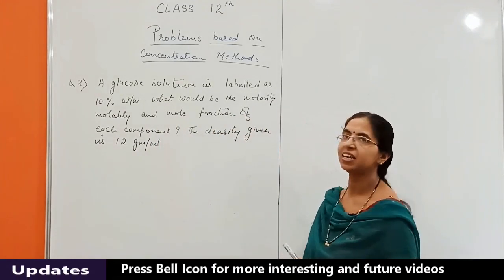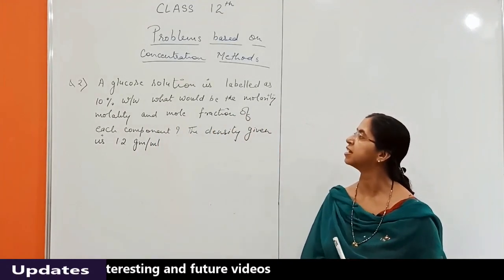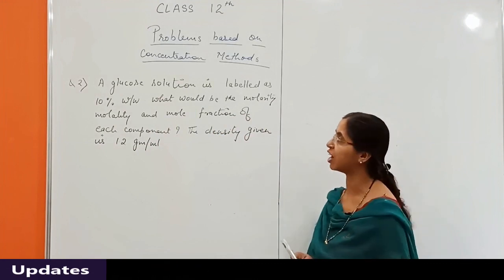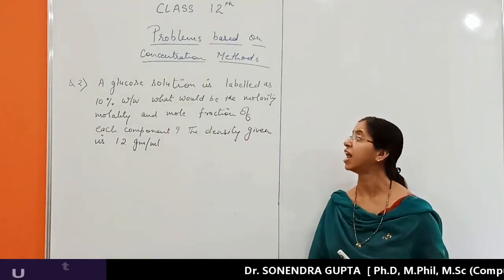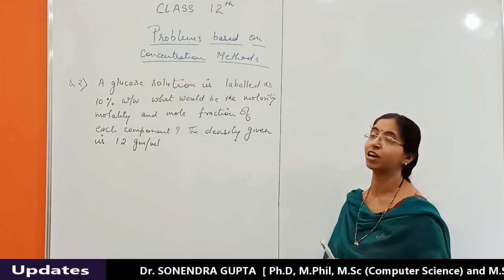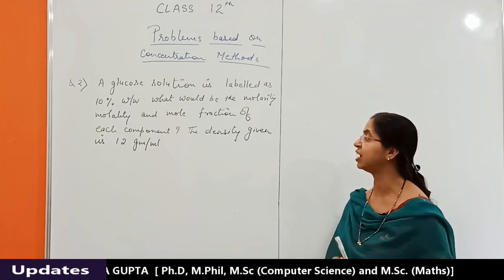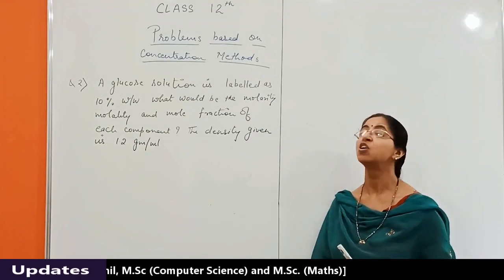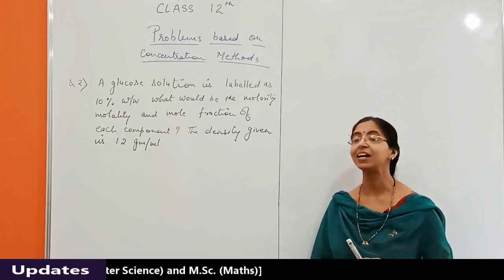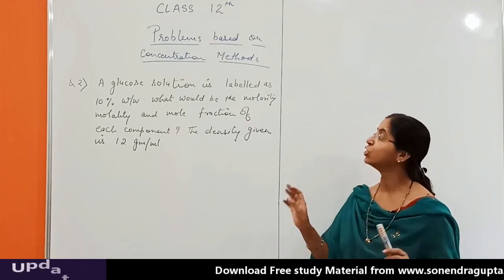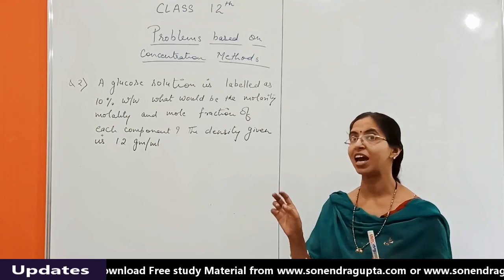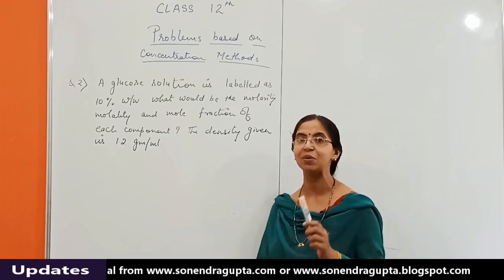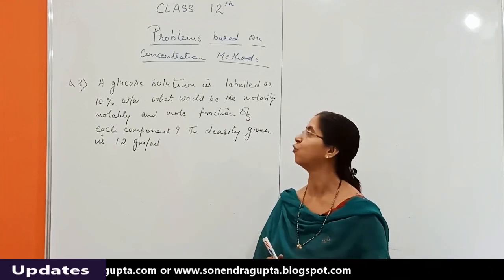Our numerical is that a glucose solution is labeled as 10% weight by weight. What would be the molarity, molality and the mole fraction of each component if the density is given as 1.2 gram per ml. So we have to calculate three quantities: molarity, molality, and the mole fraction.